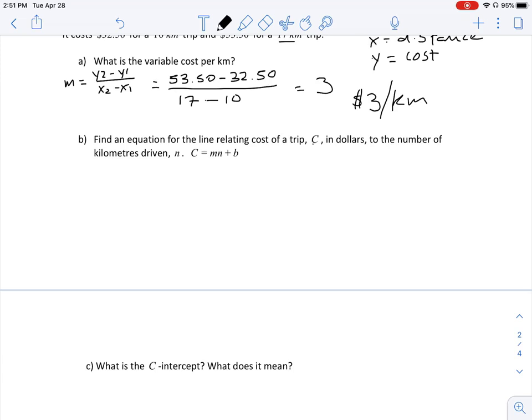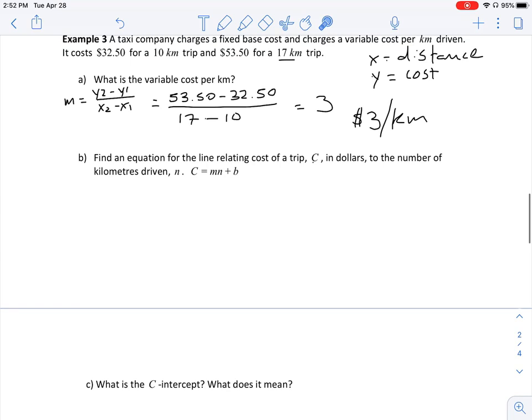So we know our slope, so we actually know what the m value is. Do we have an N, which is kilometers driven, and then C is cost? Well, yes, we do. That's technically our x and our y. So if I plug in any point, I'm going to use the first one that they gave us.